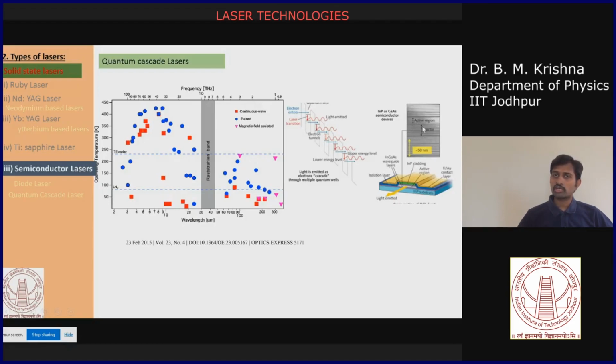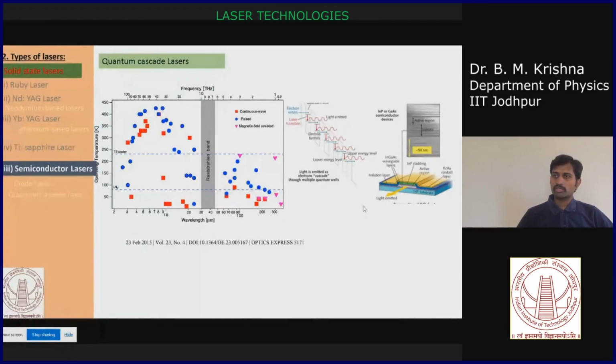These are injector electrons, that means you are injecting electrons, so they gain energy to reach the higher excited state in the active region. You repeat this several times to have a structure. So you have a substrate, then an active region, and then you have lasing coming from one of the sides.